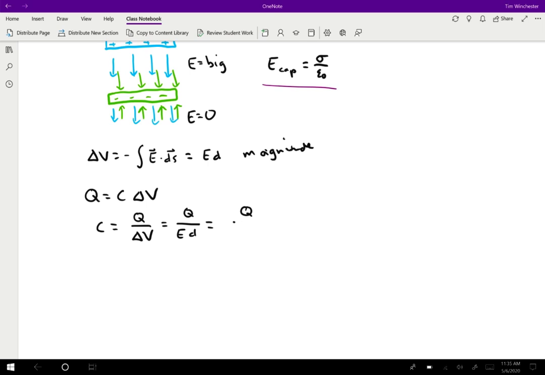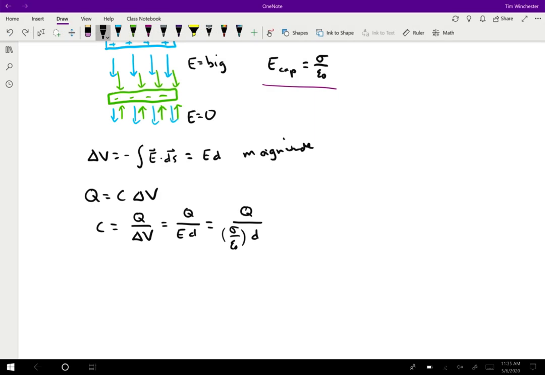So Q over sigma over epsilon naught times D. Remember that the charge density, sigma, is equal to Q over A. So I'll plug that in, and then I've got Q over epsilon naught A times D. I can rearrange that, and I'll get epsilon naught A over D. The charge cancels, and we're left with only things that depend on the shape of the capacitor.